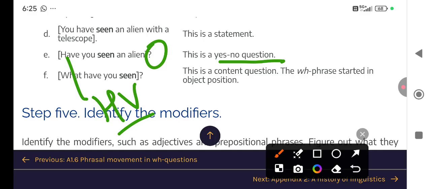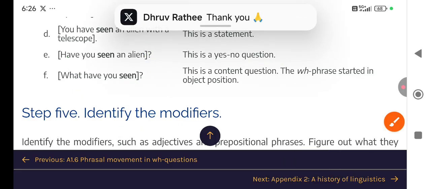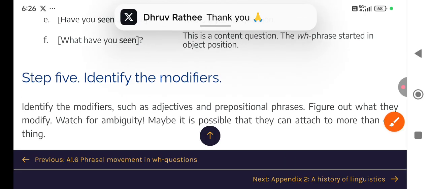For example, are you coming with me? That's a yes no question, because in this question you just have to say yes or no. If I say, did you inform them? You say yes, right? If I say, is this your room? You say yes. So these are called yes no questions. Okay. But next, F, what have you seen?